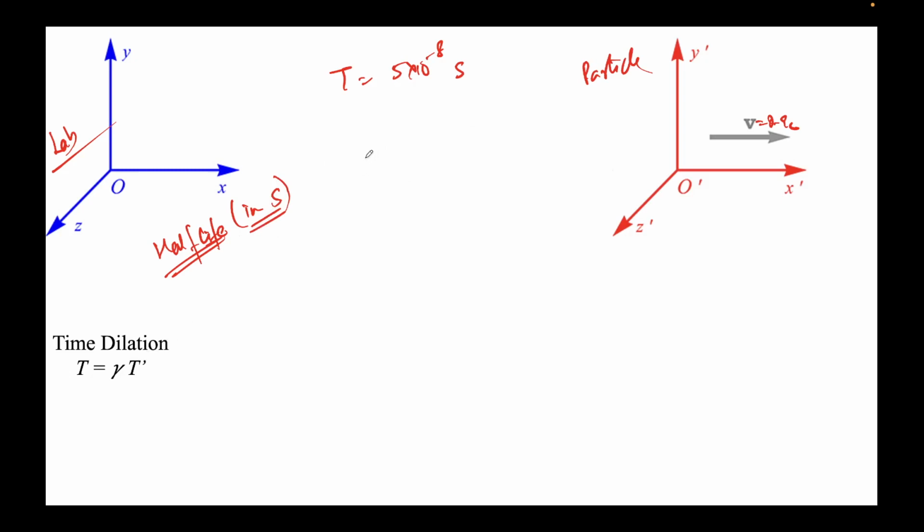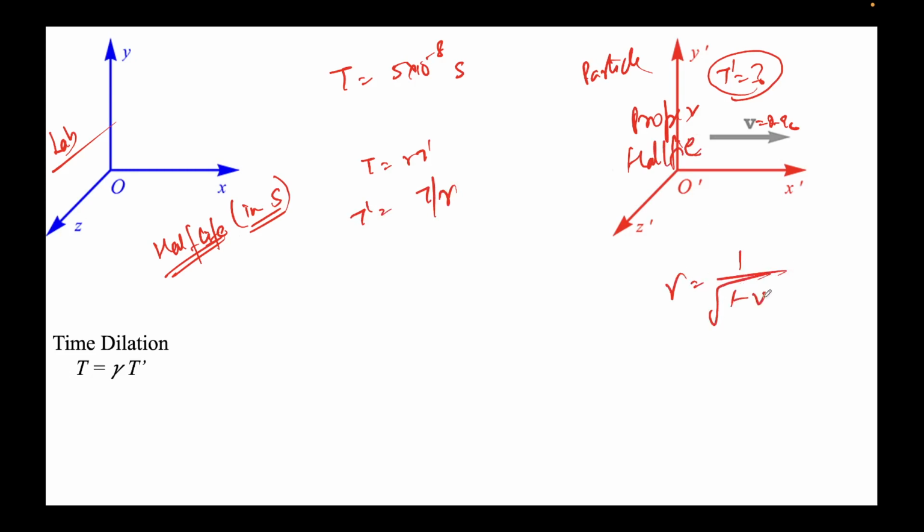So we'll say t equals gamma t prime, and we need to find the t prime here, right? Proper half-life means t prime. So t prime will be nothing but t by gamma. T we know, we need to find gamma. Gamma is 1 over root of 1 minus v squared over c squared.